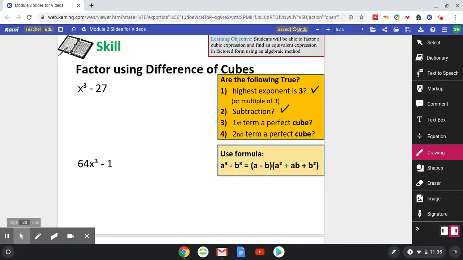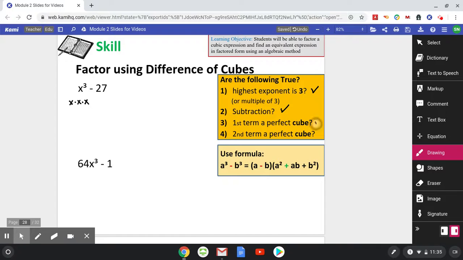Now we have to look at the first term. This is the first term, and we are trying to determine if this is a perfect cube. In other words, is there one number or variable that if you multiply it times itself twice, it'll give you x cubed? If we multiply x times x times x, we're multiplying x times itself twice, we get x cubed.